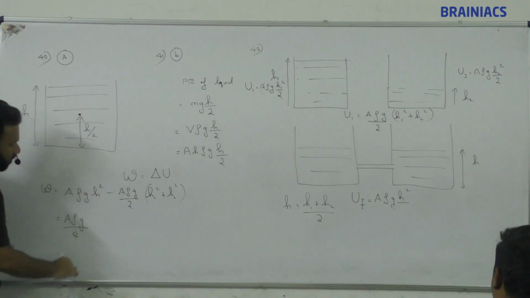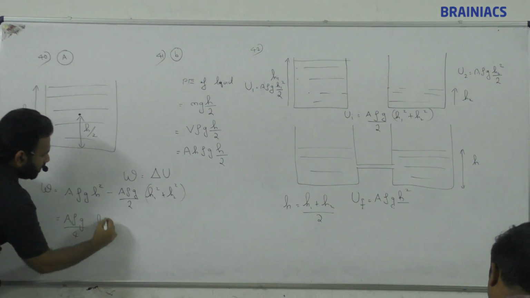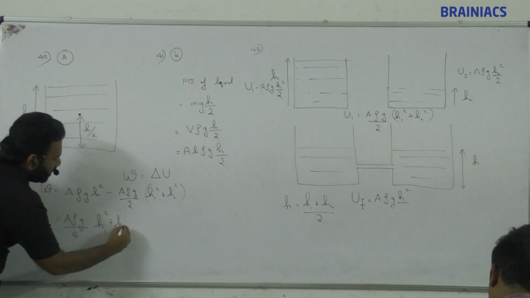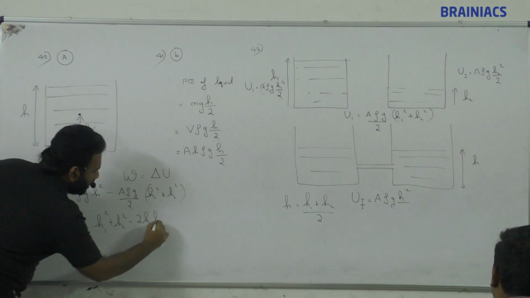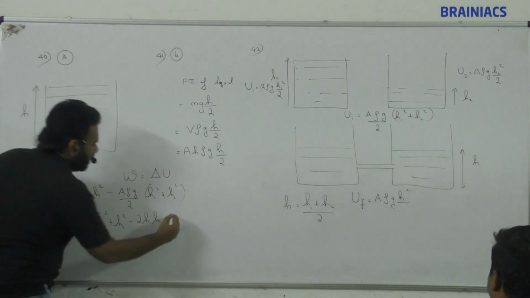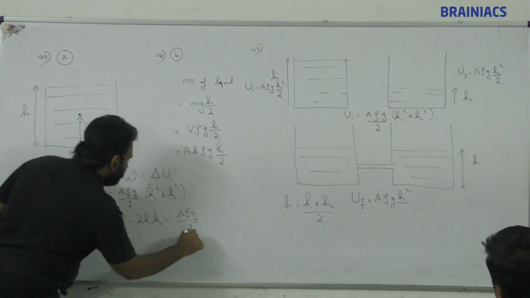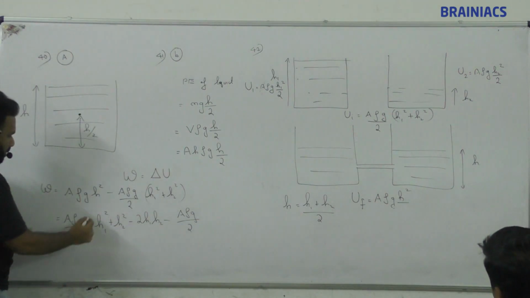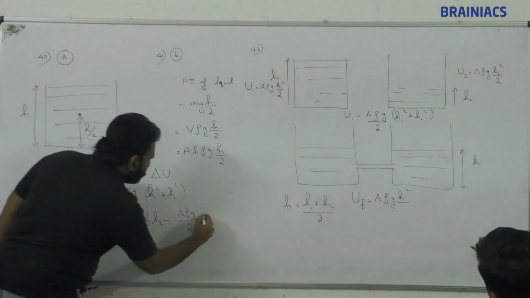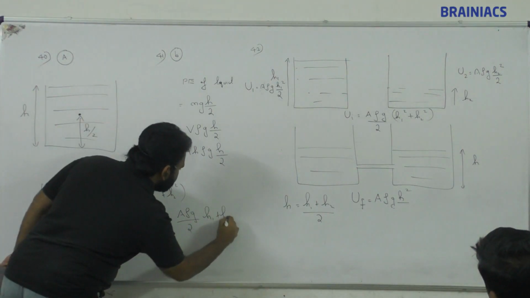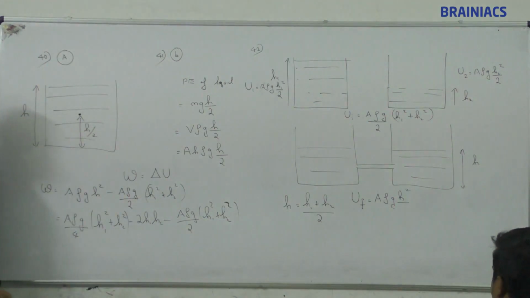I'll be getting 4 here, and this is going to be h1 square plus h2 square minus 2 h1 h2, minus A rho g divided by 2. Here this is going to be h1 plus h2 square. This is how it comes.